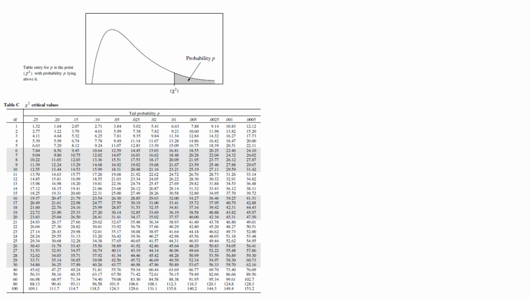So our chi-squared table looks like this, where notice we have our probabilities here. We have the degree of freedom over here, and then the chi-squared values are all the values in the table itself.